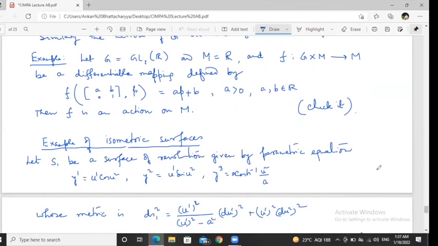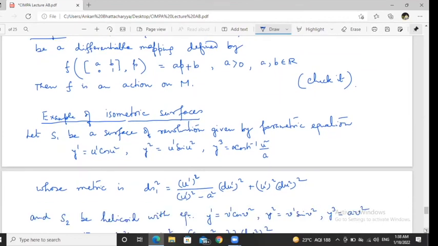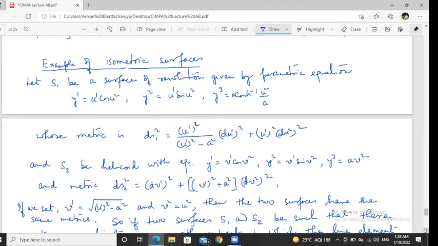Now, lastly, we give an example of isometric surfaces. Let S1 be a surface of revolution given by the parametric equations y1 equals u1 cos u2, y2 equals u1 sin u2, and y3 equals a cosh inverse of u1 by a. This is the equation of a surface of revolution, and its metric is this one.